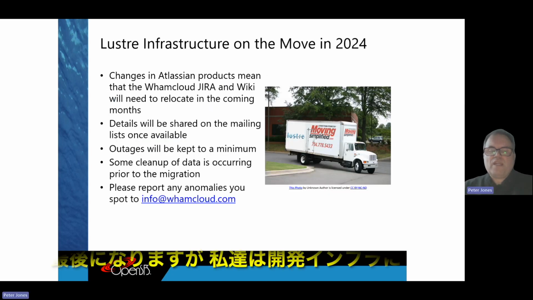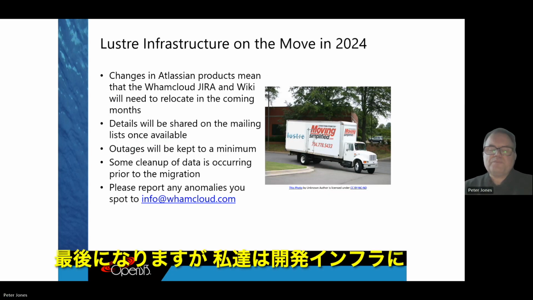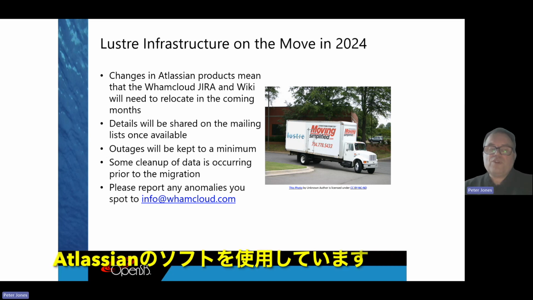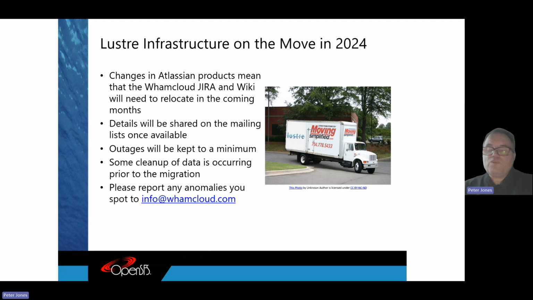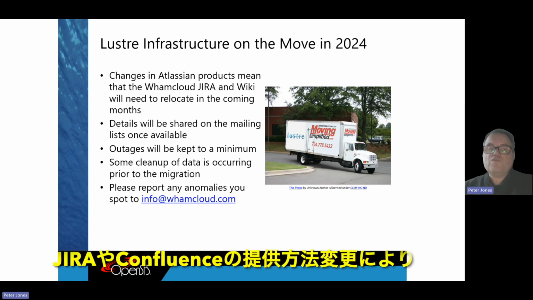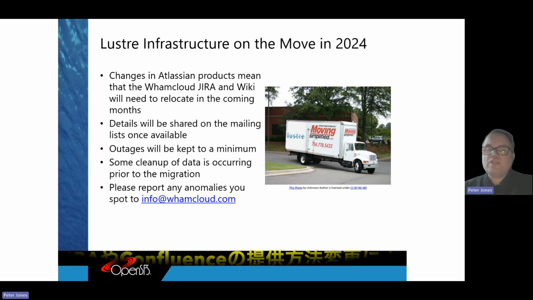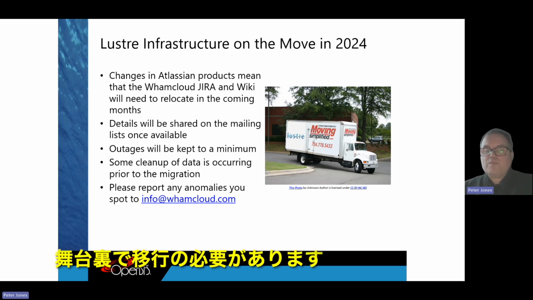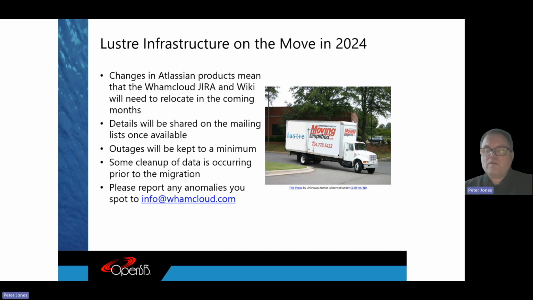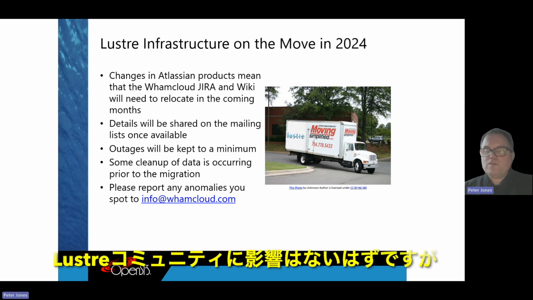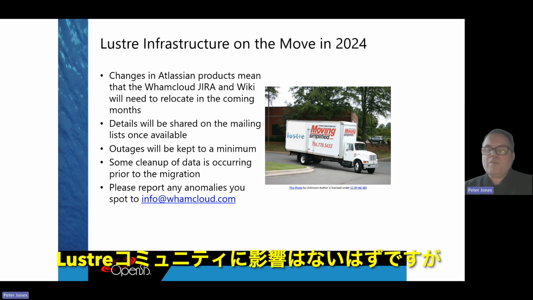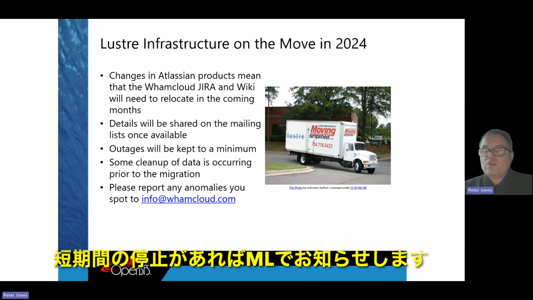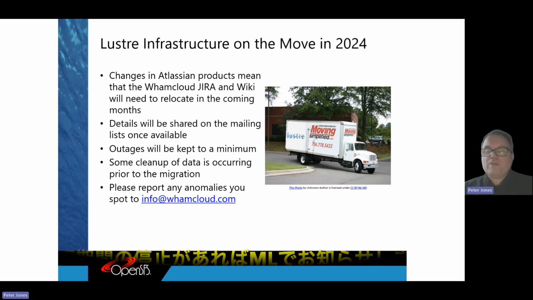And then finally, we do use the Atlassian software in our development infrastructure, both Jira and Confluence. Because of changes with the way those products are distributed, we're going to be having to do some upgrades and migration behind the scenes. Mostly that should be invisible to the Lustre community, but there might be some periods where we'll obviously alert you on the mailing list if there are going to be some brief outages.